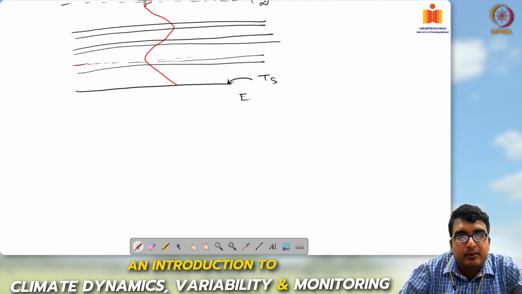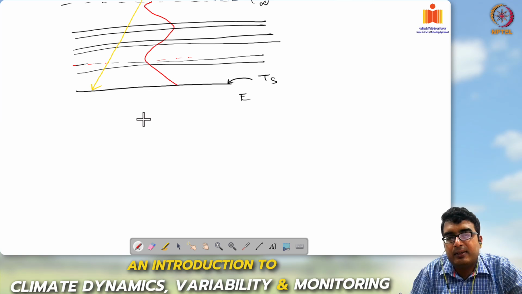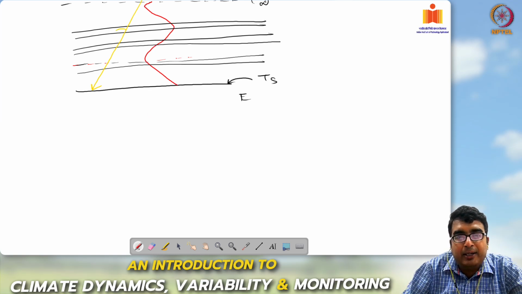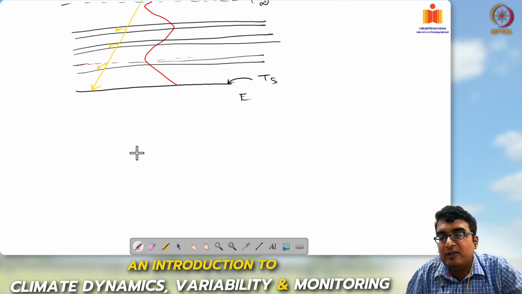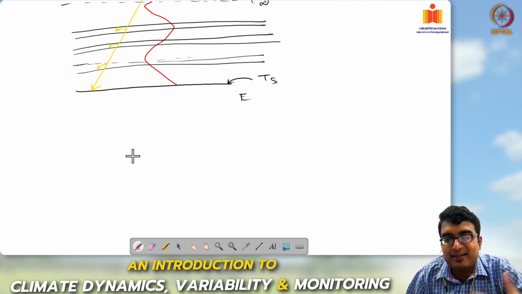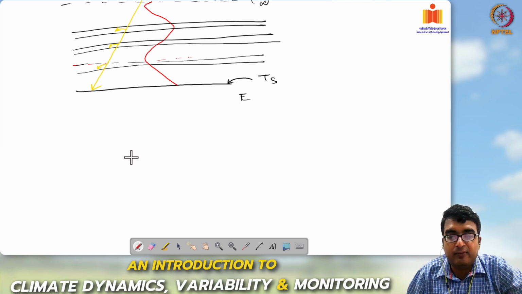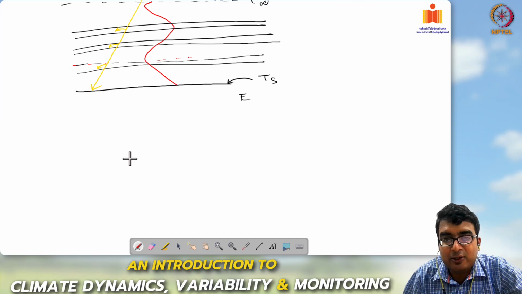So as the sun's rays pass through these atmospheric layers, a part of that energy will be absorbed by these individual atmospheric layers at a certain rate that we have derived in the previous week.